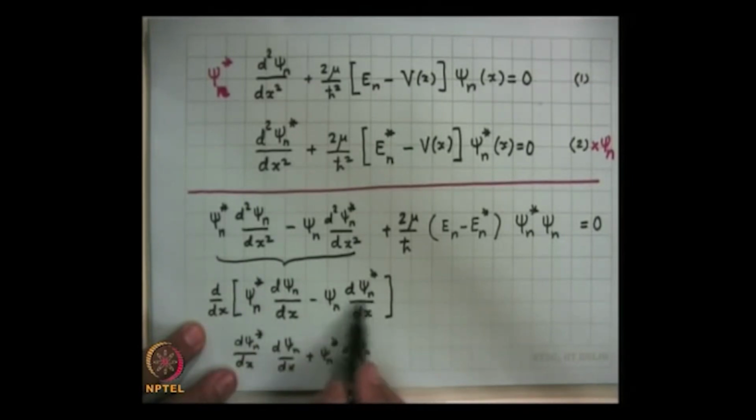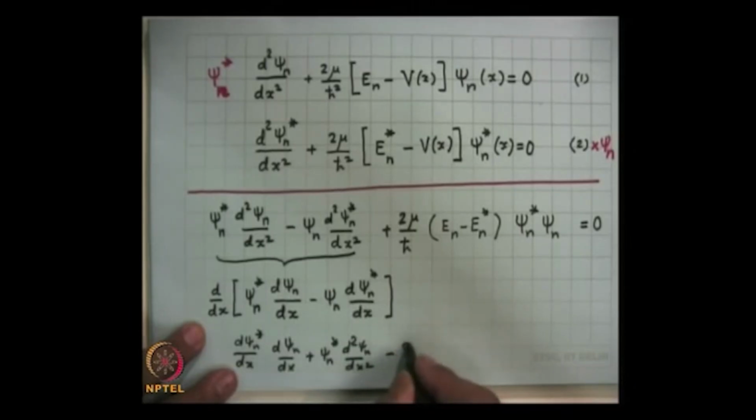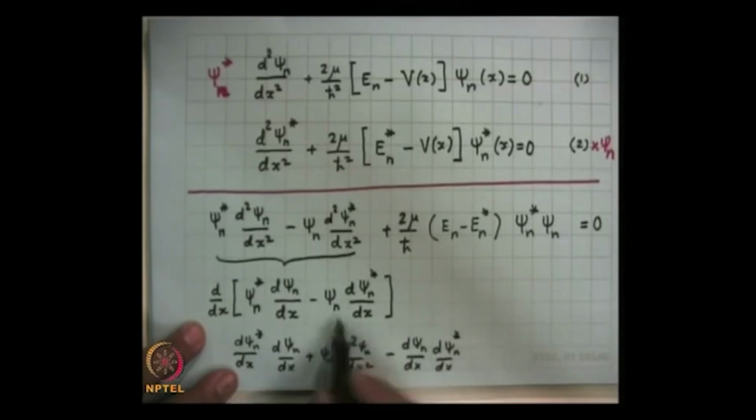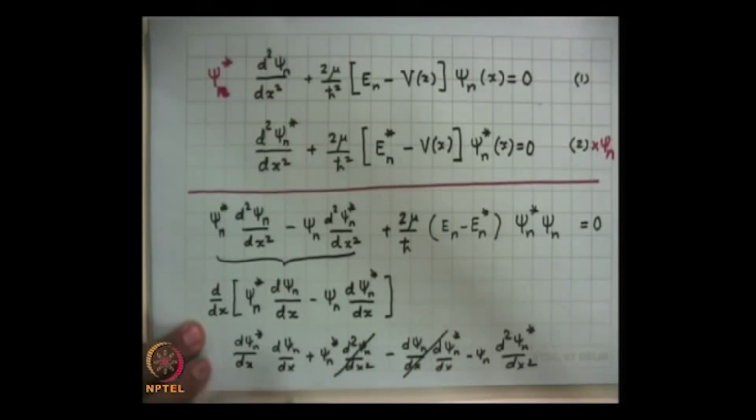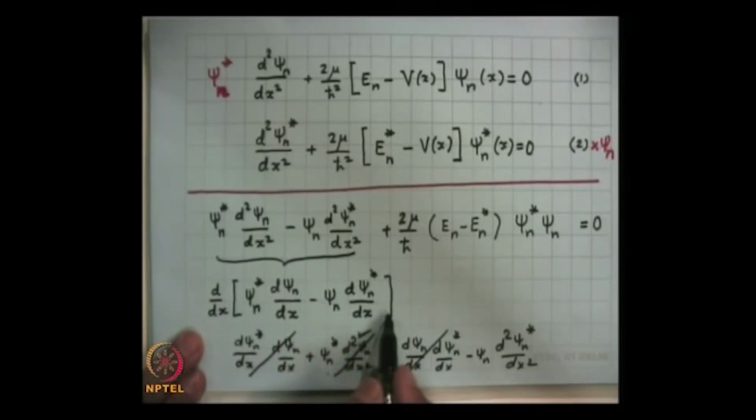And if you differentiate these two terms, then it will be minus d psi n by dx d psi n star by dx, and then minus psi n d2 psi n star by dx square. Obviously, these two terms will cancel out, and these two terms will remain, psi n star d2 psi n by dx square minus this. So, this quantity is rigorously equal to this.